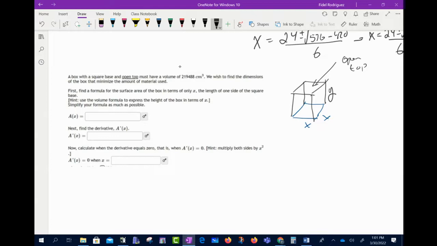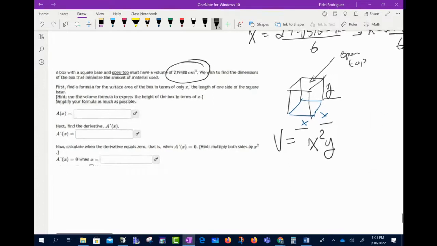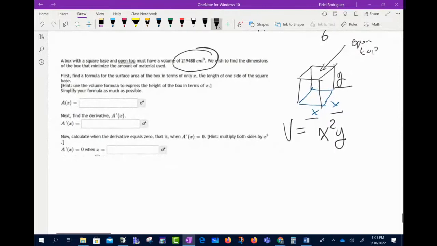So again, first thing here, y'all, the volume of a box is going to be the length times the width times the height. So that should give me x squared and y, right? If I'm doing the length and the width and the height. The second thing is, they already told me what the volume is supposed to be. We were told that the volume was supposed to be 219,488.